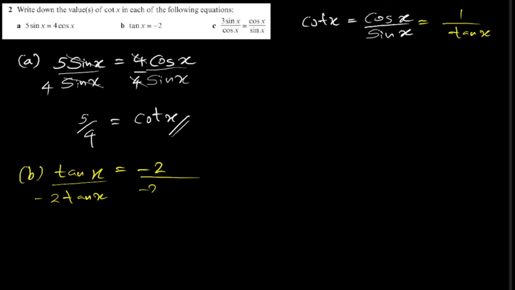So this is going to be minus 2 over tan x. On the left side of the equal sign, tan x to tan x cancel off. On the right side, minus 2 to minus 2 cancel off. So 1 over minus 2 is equal to 1 over tan x. 1 over tan x means cot x. So simply you can now write cot x equals minus half.